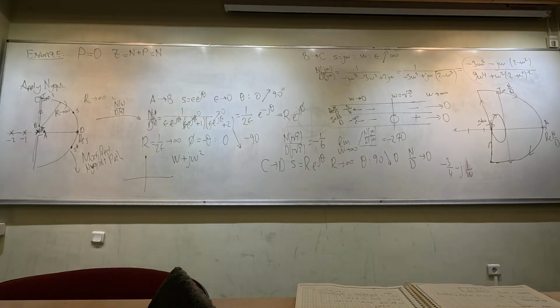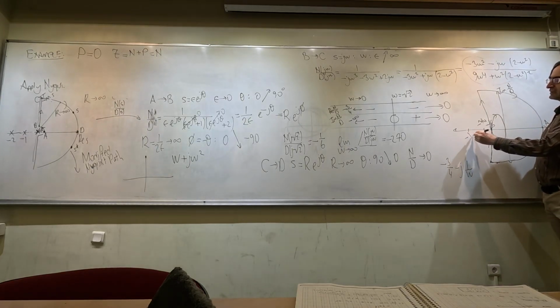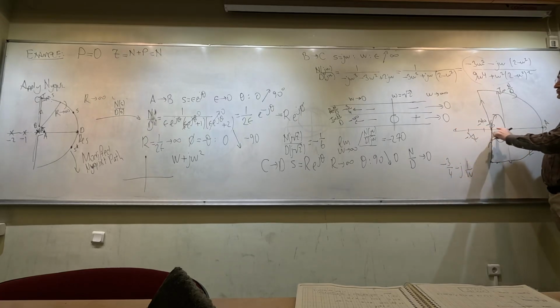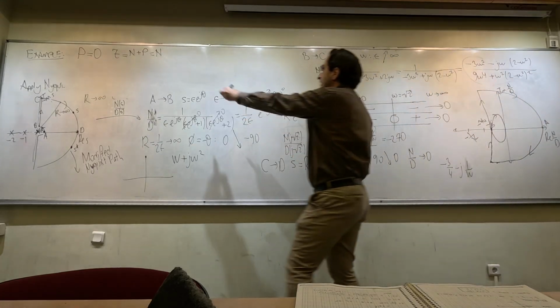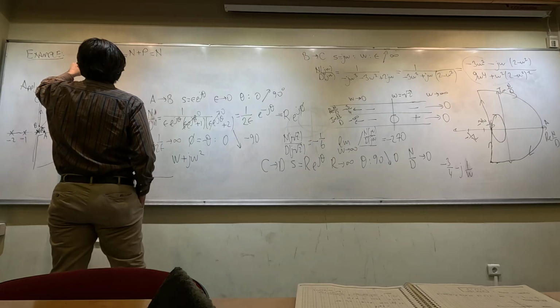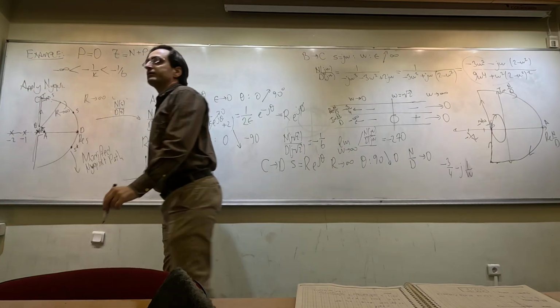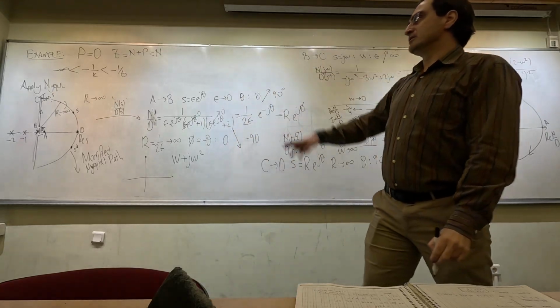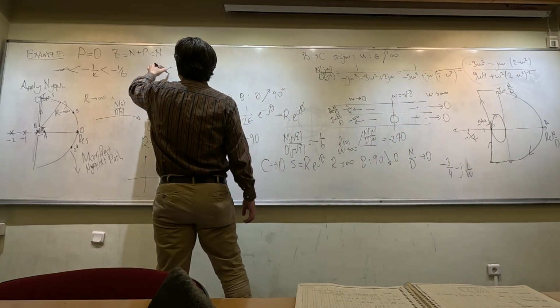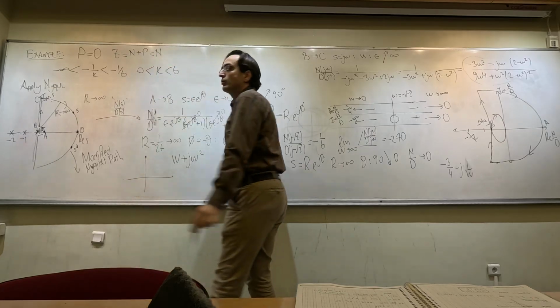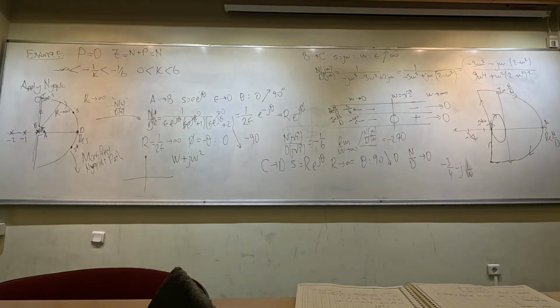So the first thing that I'm going to do is look at the -1 over k candidate in this interval. So I will say that if -1 over k is smaller than -1 over 6 and between minus infinity, okay? If -1 over k is in this interval, then k is going to be in this interval from 0 to 6. Okay? And what is the number of encirclements of -1 over k here? Draw a radial line and try to check what is the encirclement.